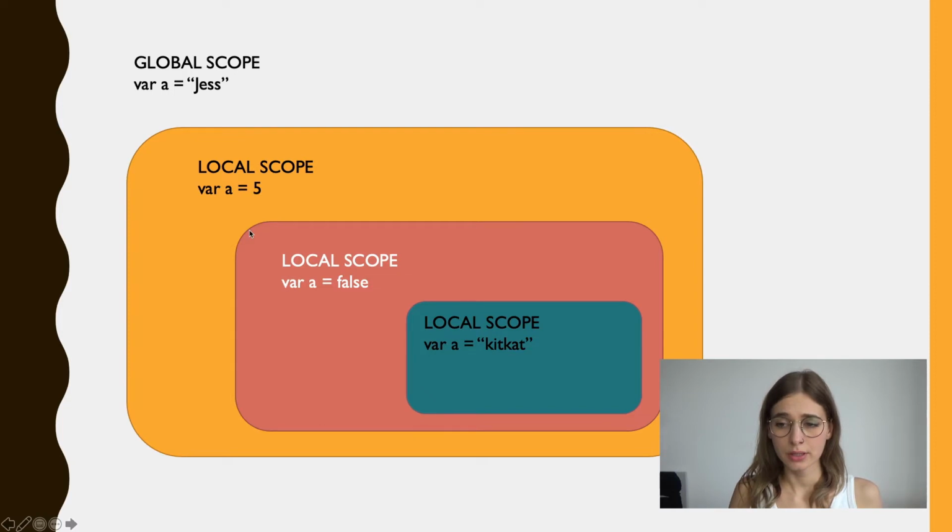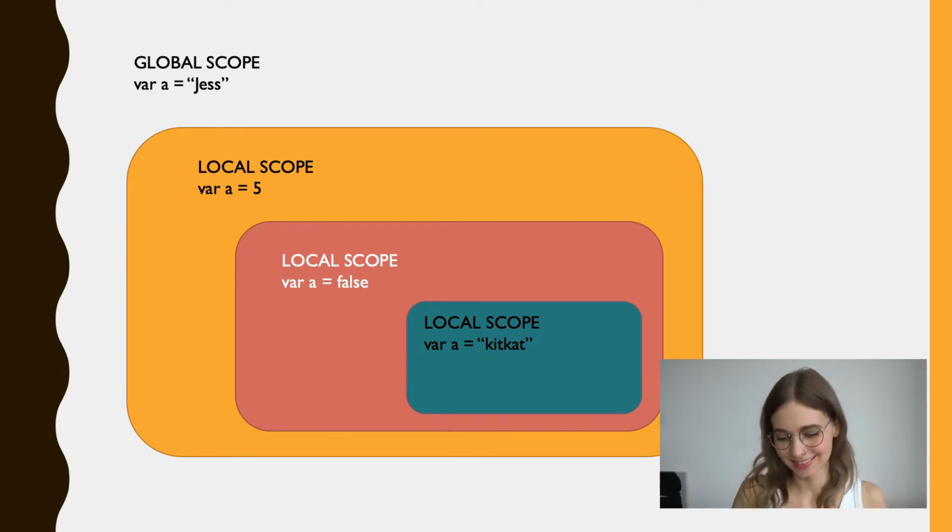Inside that function, there is an inner function, a nested function, which is also storing a variable a with a value of false. This is another local scope. Within that function, there is yet another function, also with a variable a storing a value of KitKat. So we have only one global scope, but it's possible to have more than one local scope.